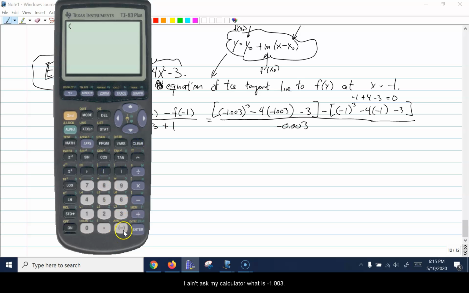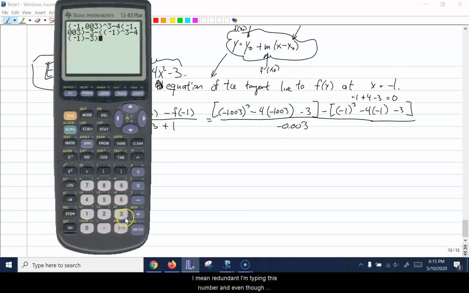I need to ask my calculator, what is -1.003 cubed minus 4 times -1.003 squared minus 3, minus parenthesis -1 cubed minus 4 times -1 squared minus 3.